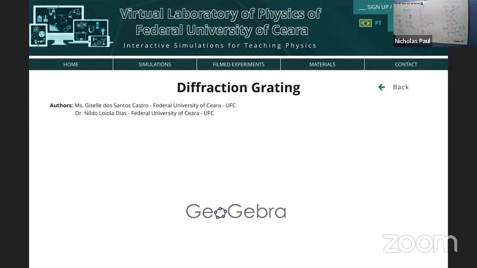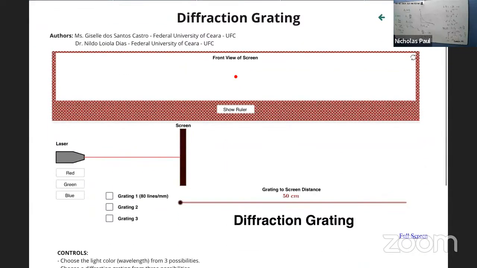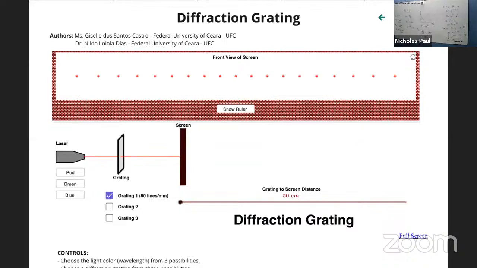I want to show you what will happen if it's more than one wavelength. That's allowing us to mix the wavelength. Okay, that's how it looks on the screen.